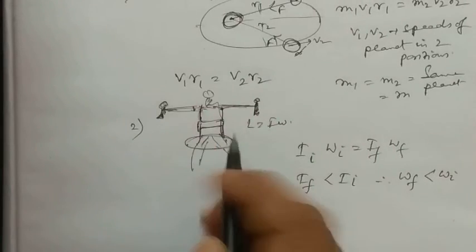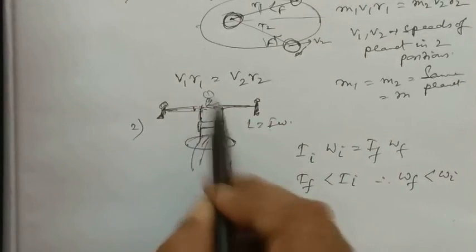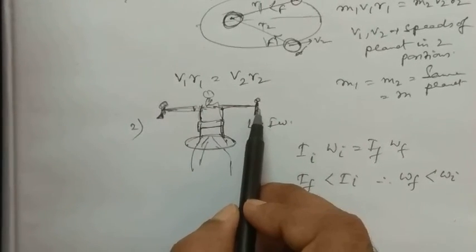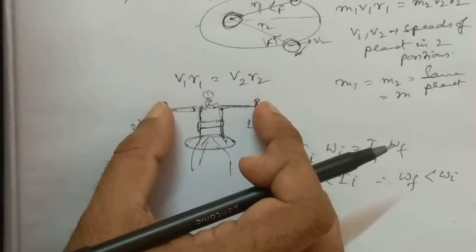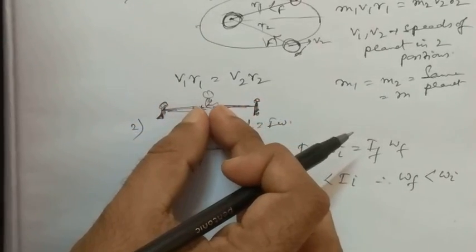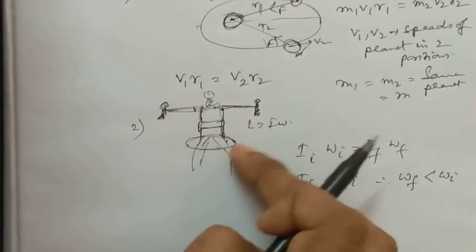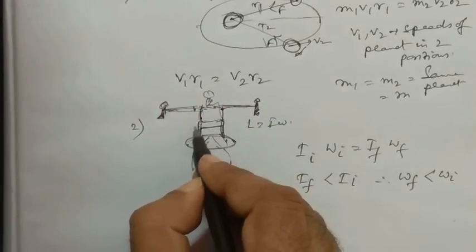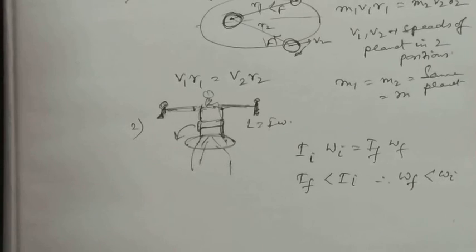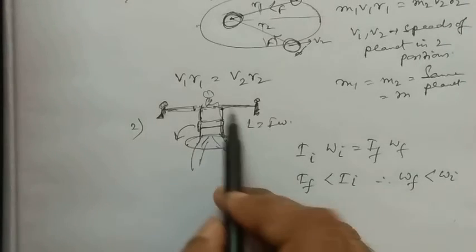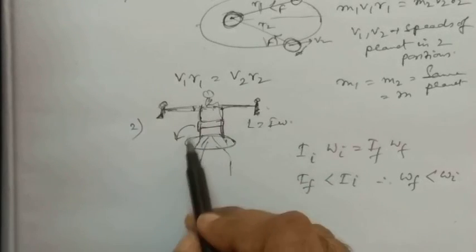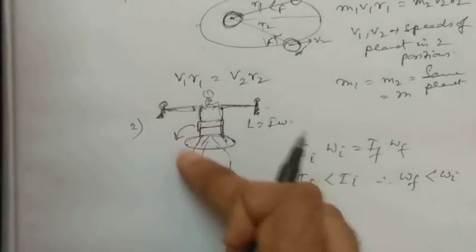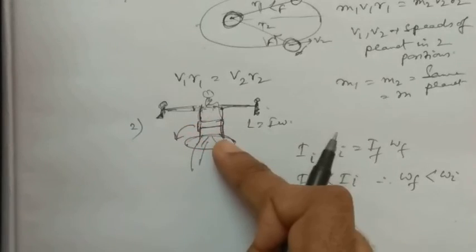Now in this case, when the person closes the distance between the two dumbbells onto his chest, the rotation of the seat speeds up. But if he stretches his hands, that means increases the value of r, then the angular velocity of the chair decreases, it slows down.